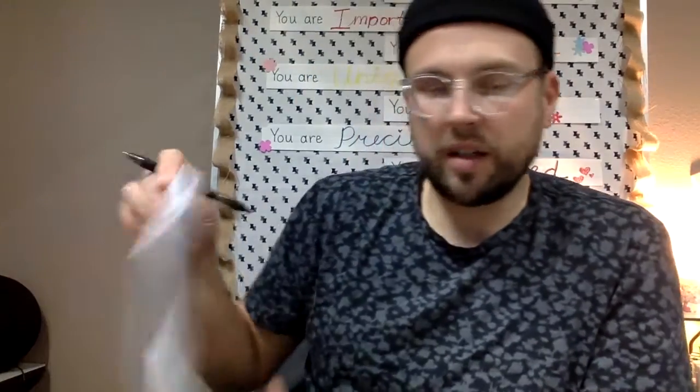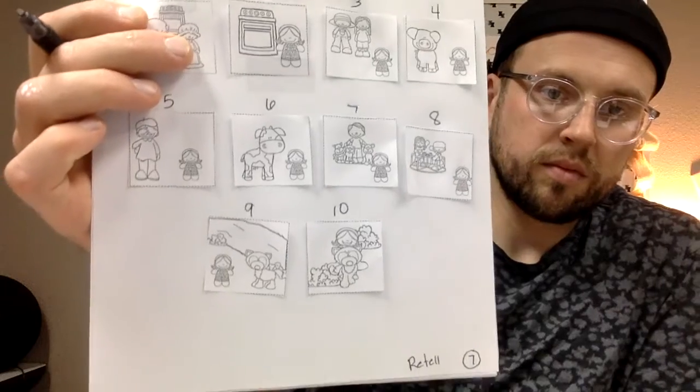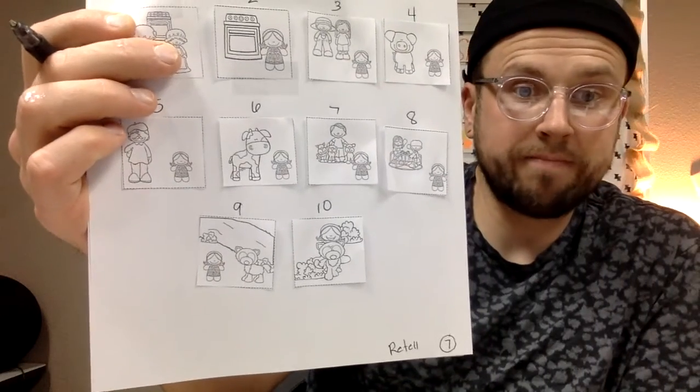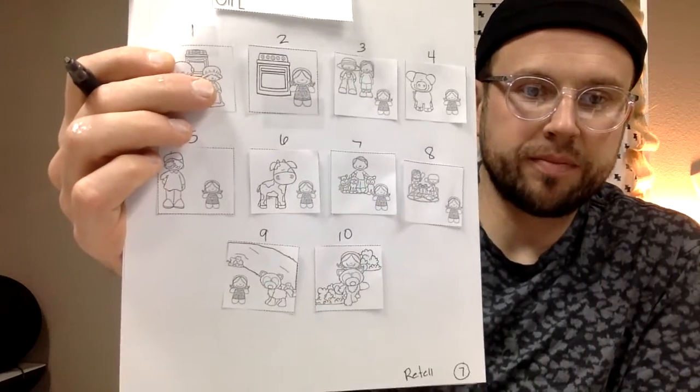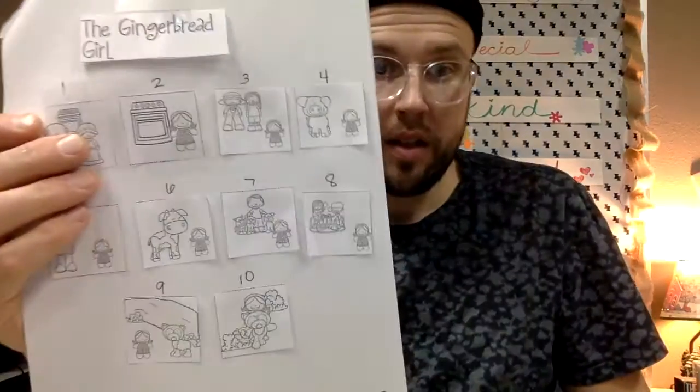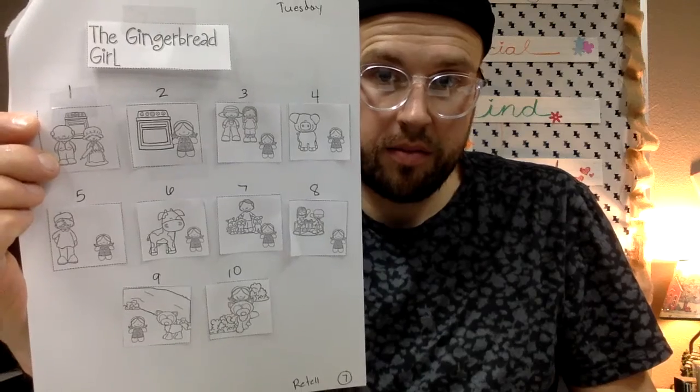And then she used the licorice vine from her hair to make a lasso to capture the fox and ride him back home before she got eaten. So there you go. If you need to pause, you can pause here, get caught up, but we're going to move on.